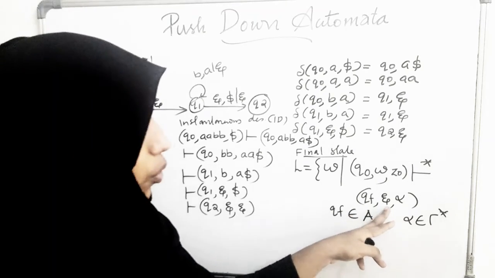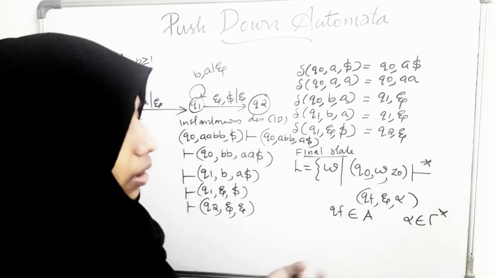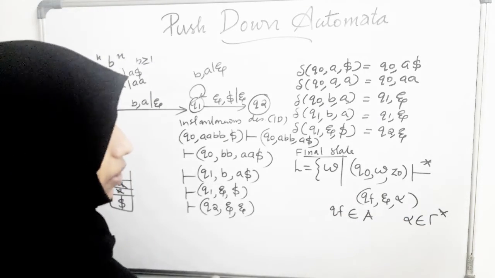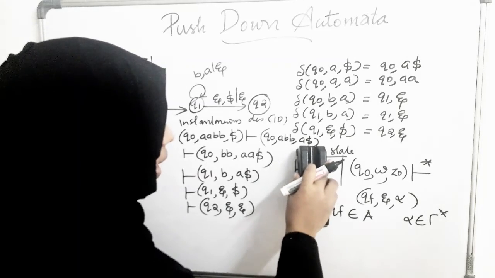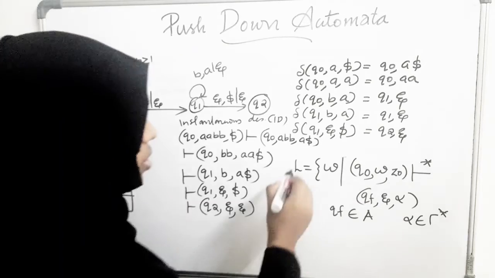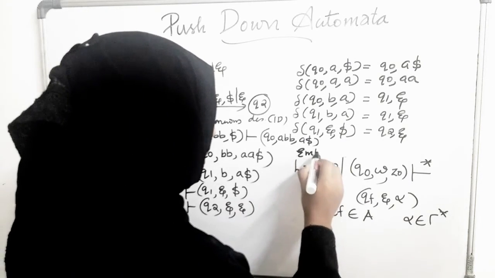The input will be completely processed and the stack can have something; the stack content is an element of tau star. It can be empty also. Now if we are speaking about empty stack acceptance, I am making changes to this equation itself so that you can easily relate to it.